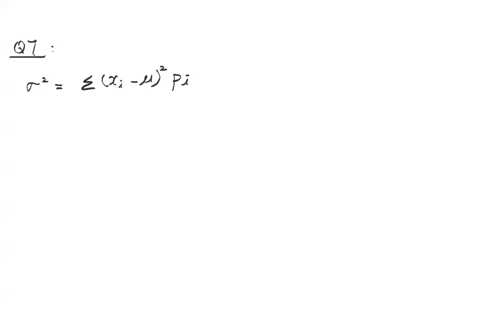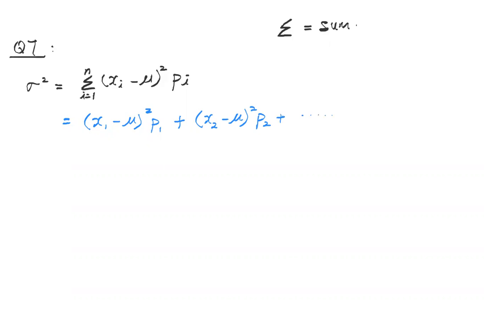Okay, so when we say i, that means the first one until the end. So what I will do is write down the meaning of this symbol. This means sum. So I will write down the first term, plus the second x, then plus ..., the last x.